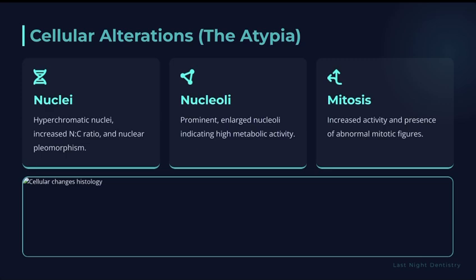You may also see prominent nucleoli and increased nuclear to cytoplasmic ratio and increased mitotic activity. Sometimes the mitotic figures even become abnormal, and multinucleated cells may also appear. All these findings indicate loss of normal cellular control.